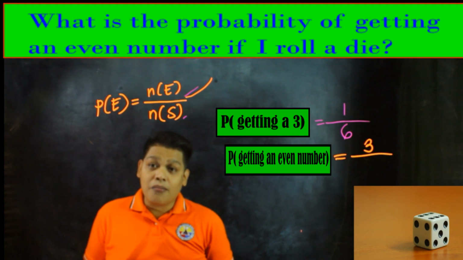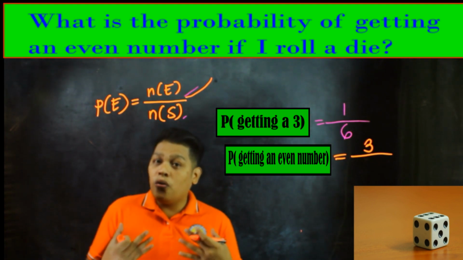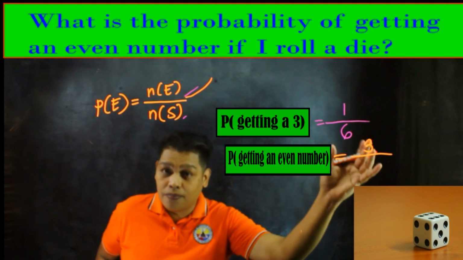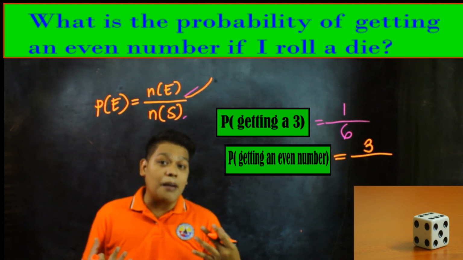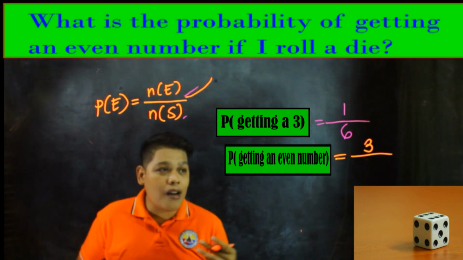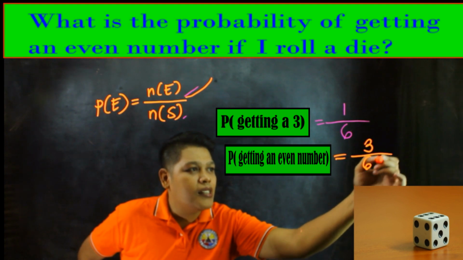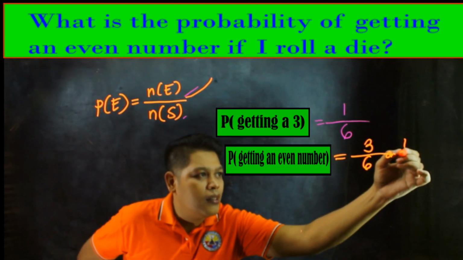We're getting an even number, but the even numbers in a die are 2, 4, and 6. So we have 3 over the total sample space, or all possible outcomes. So this is 6, or in the lowest term, 1 half.